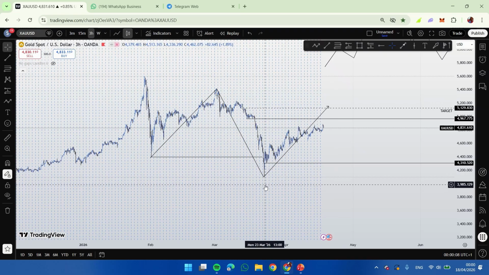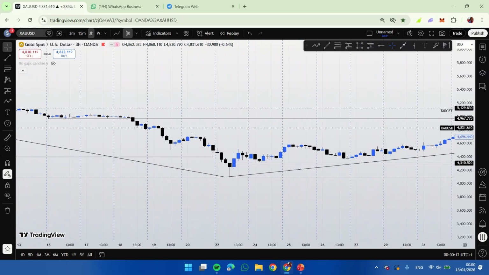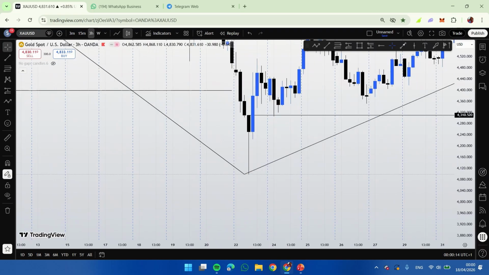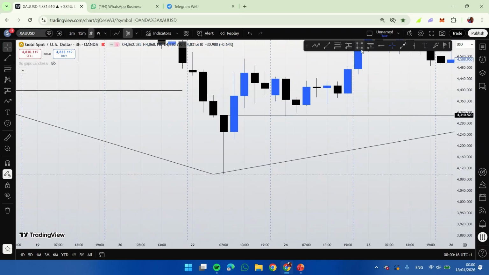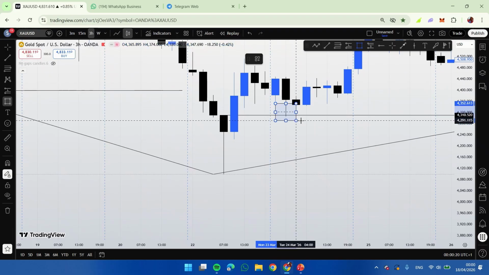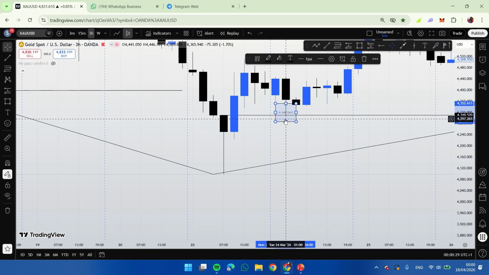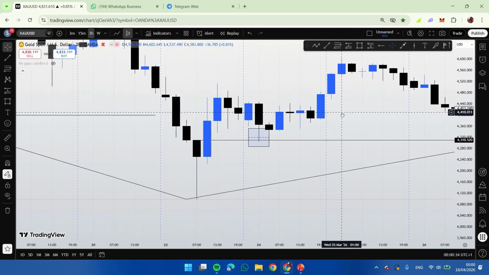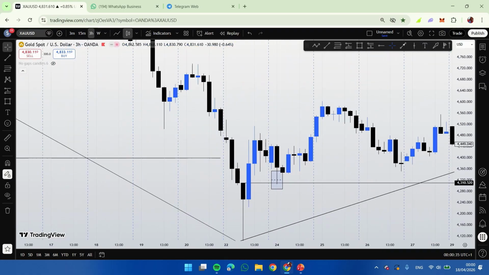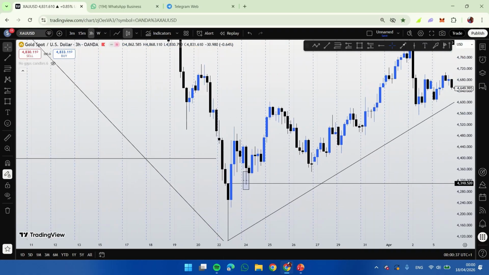But so far as I'm concerned, from the break of this point here, let me zoom in. From the break of this point, where I'm drawing a box right now, from this point, from this particular day, this Tuesday, 24th of March 2026, I should be looking for buys, buys, buys, buys, buys.